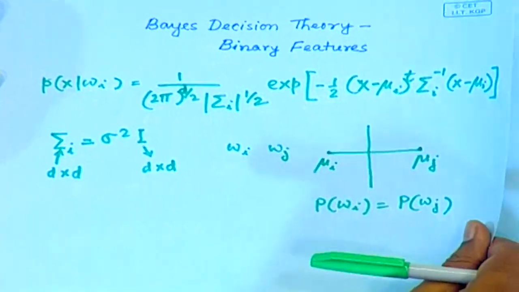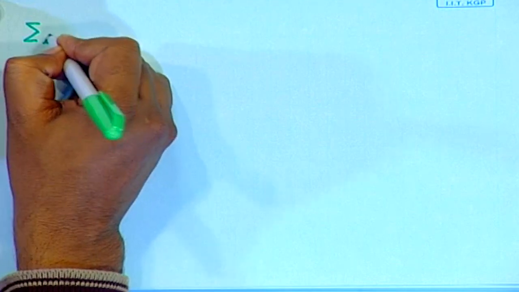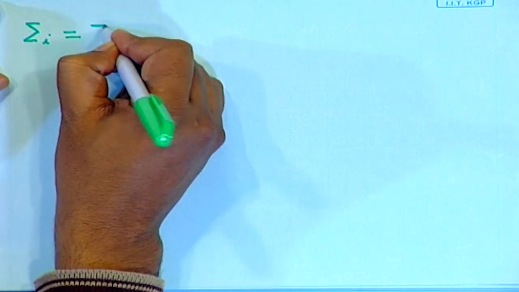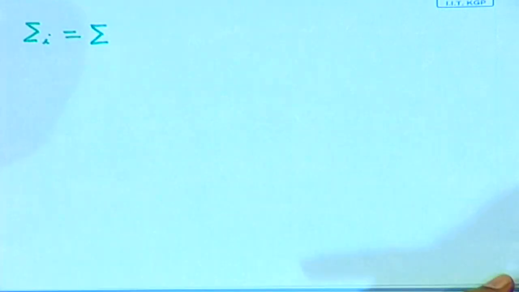In the second case, we have seen that if sigma i is equal to sigma, that is, the samples belonging to every class have the same covariance matrix, but otherwise the covariance matrix is arbitrary.